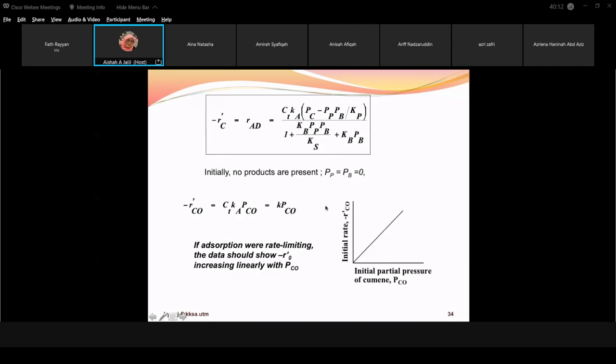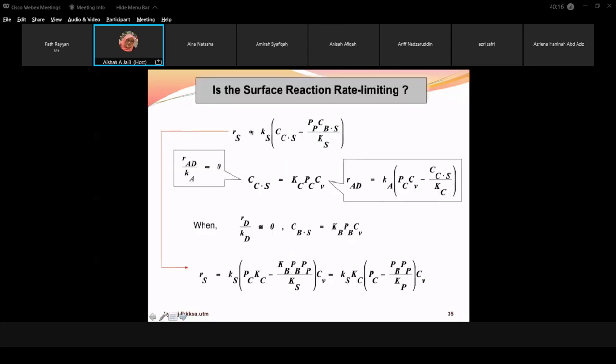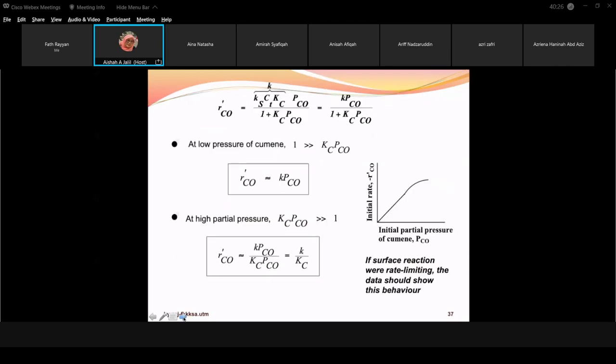So this is for the rate limiting step, and the same goes for the next: we try the surface reaction. Same thing, you want to see the ending. If it is the surface reaction, the data becomes like this, and the graph is like this.